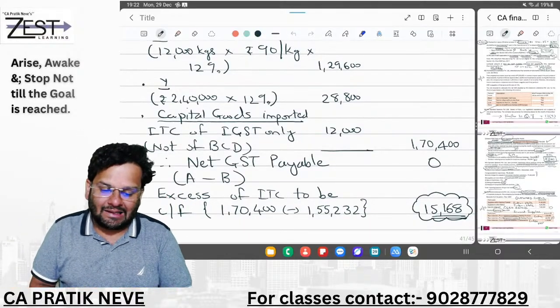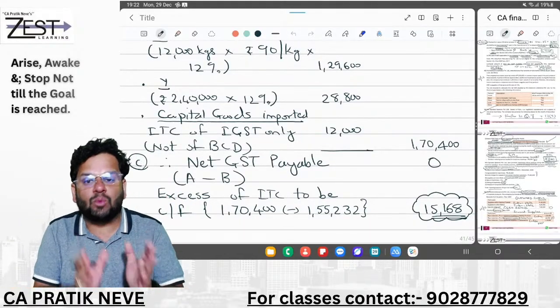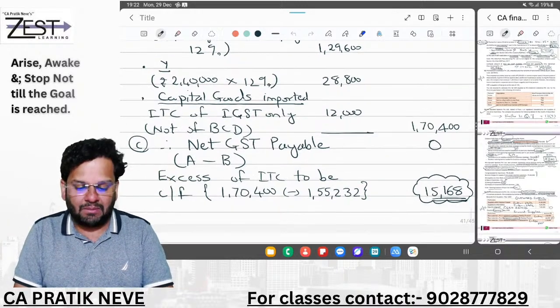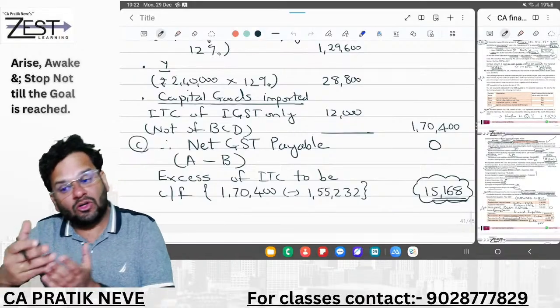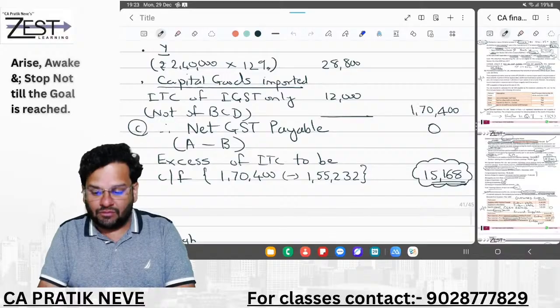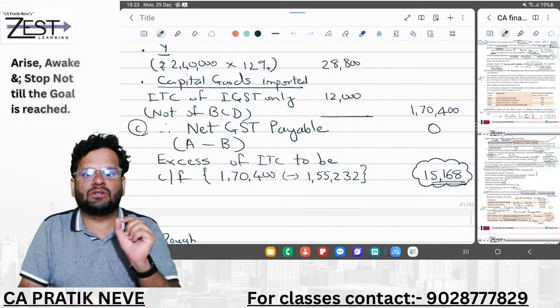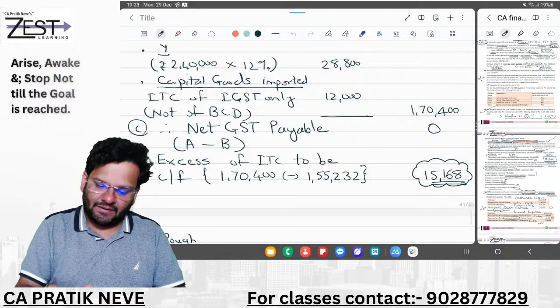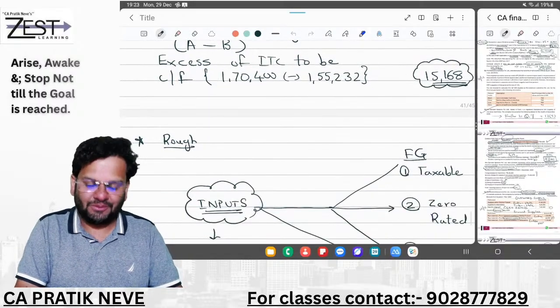Therefore, total ITC that is available with you is 1,70,400. So net GST payable is of course nil because you have extra ITC. So how much of extra ITC you have is 15,168.